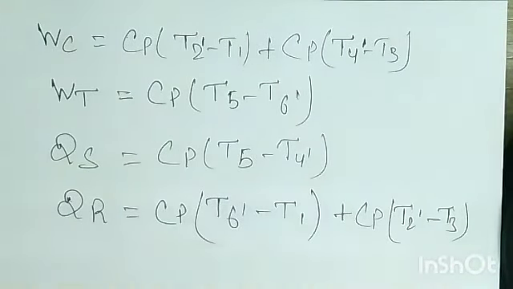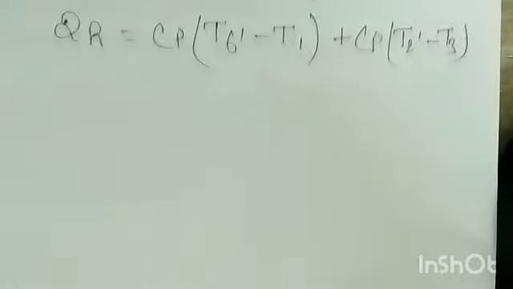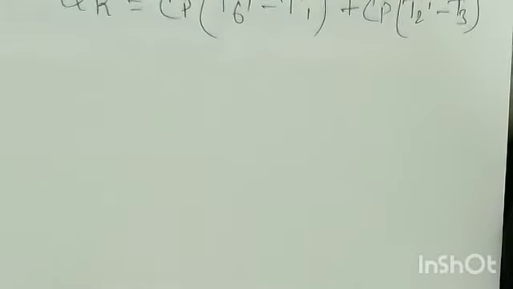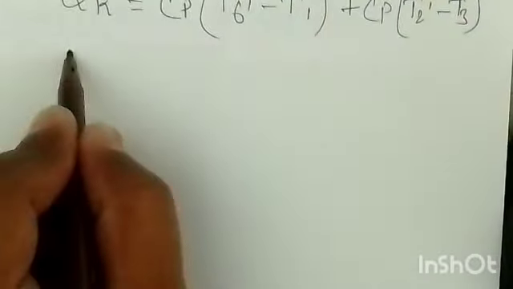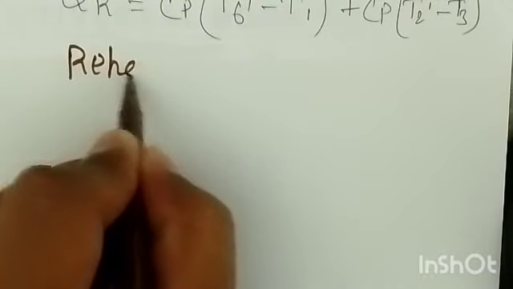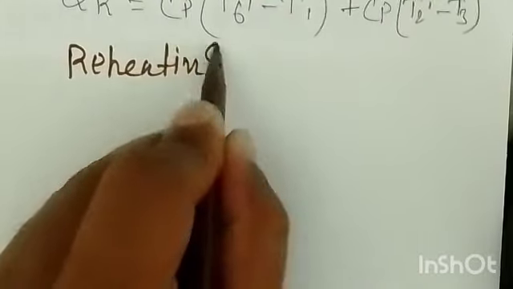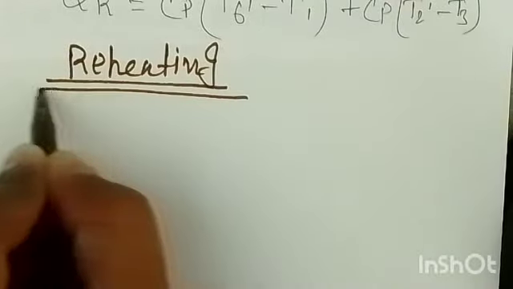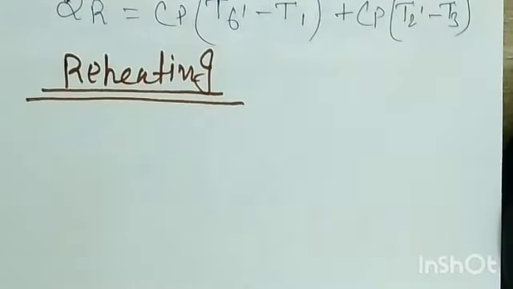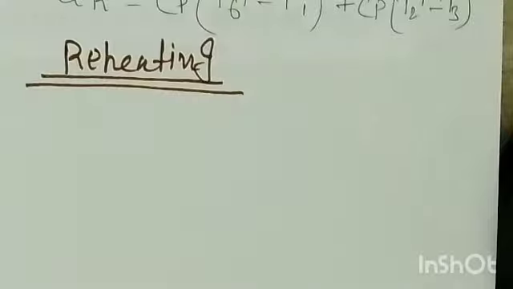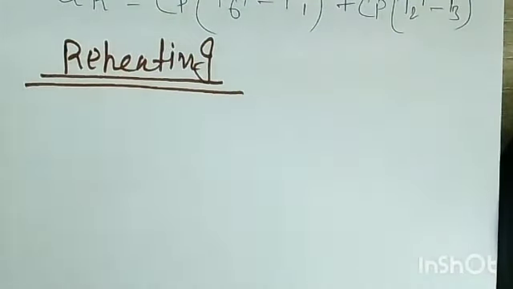Now the next method we will see, which is reheating. So next you can make a subheading, that is reheating. Okay, so you see that regeneration means we are reusing the exhaust gases leaving the turbine to heat the air coming from the compressor, right?